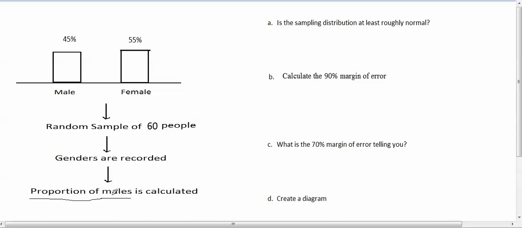When a sample proportion is being calculated, the sampling distribution is at least roughly normal if n times p and n times 1 minus p are both at least 10. If both of these are 10 or larger, then the answer will be yes.